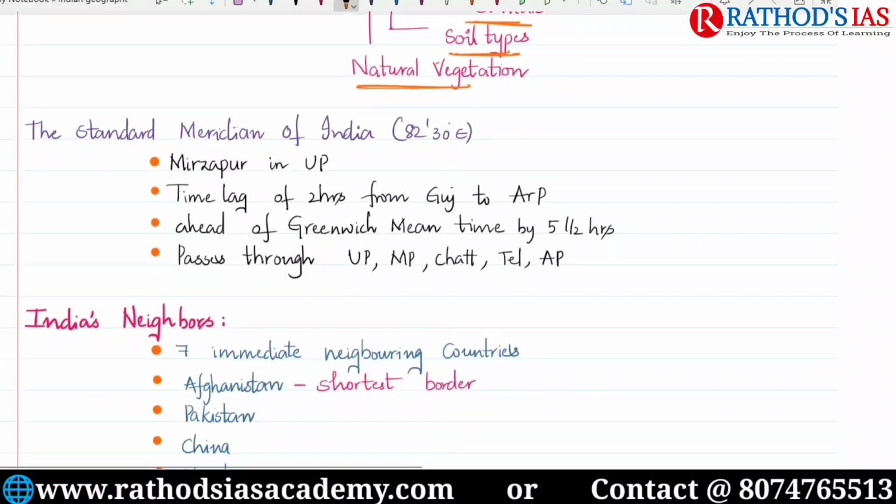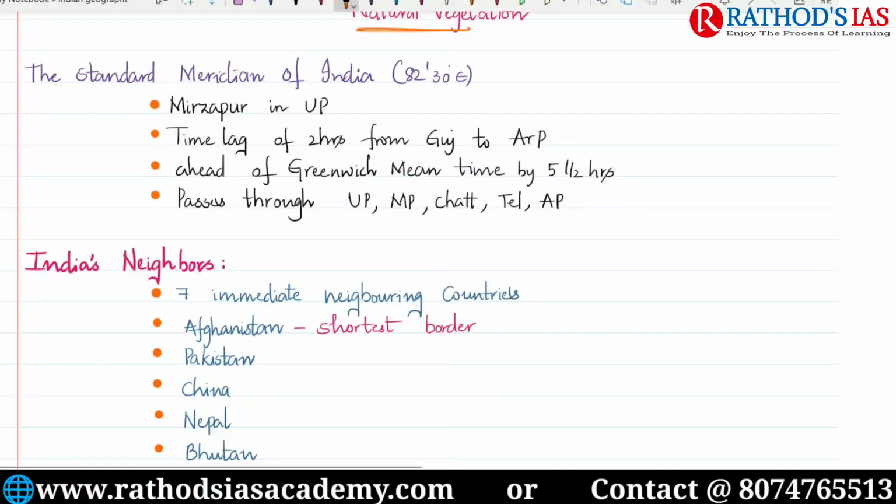And if you move on to the next one, that is the standard meridian of our country. The standard meridian of India is 82.5 degrees east, that is 82 degrees 30 minutes east.